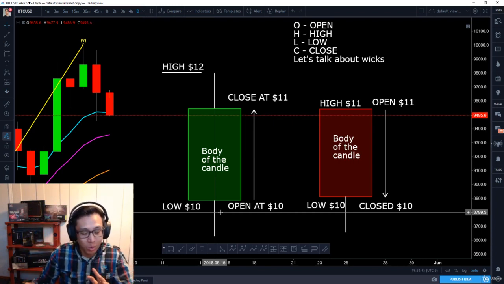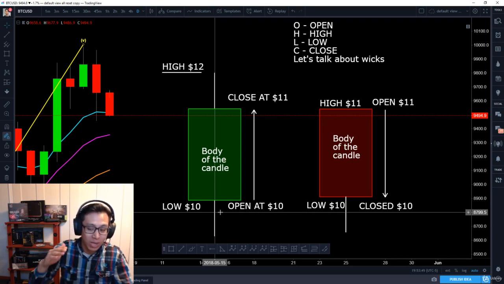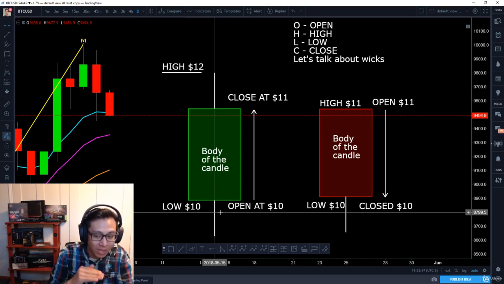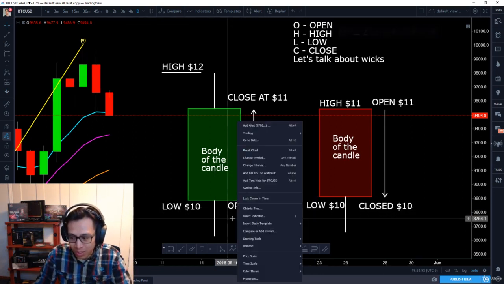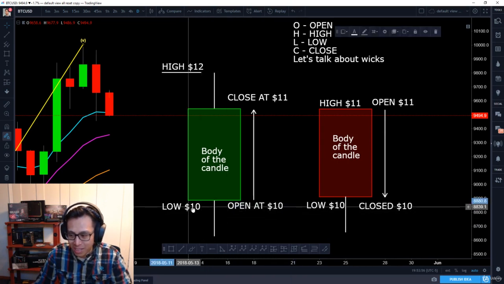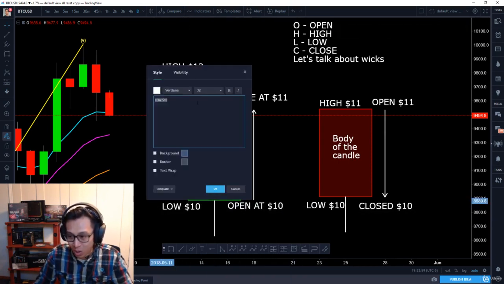And then the low will mean the exact same thing, right? It means the lowest point that the candle actually got to, of the whole thing, including the wick. Well, it still opened here, right? Let's say that this low actually got to $9 instead, okay?